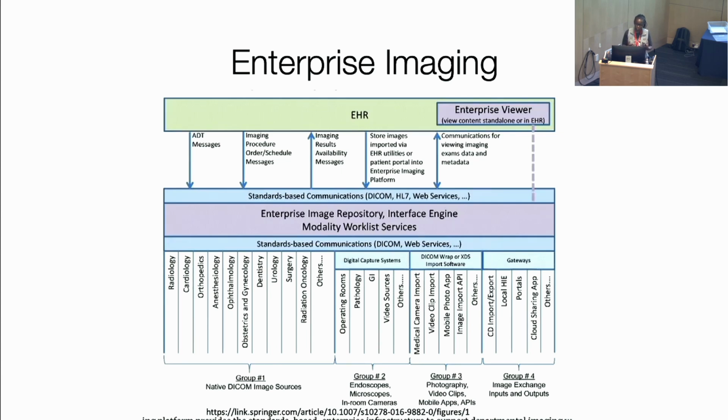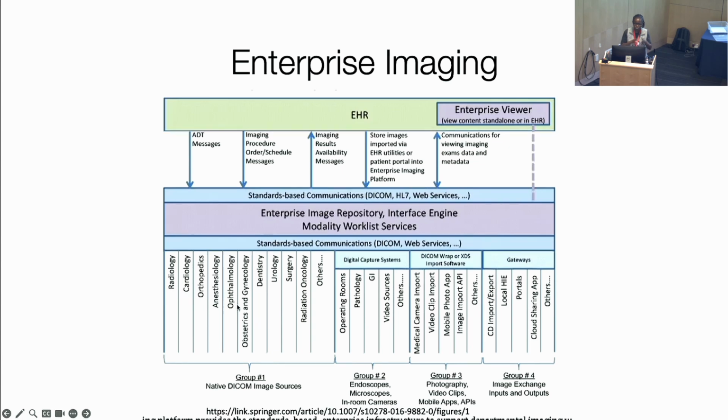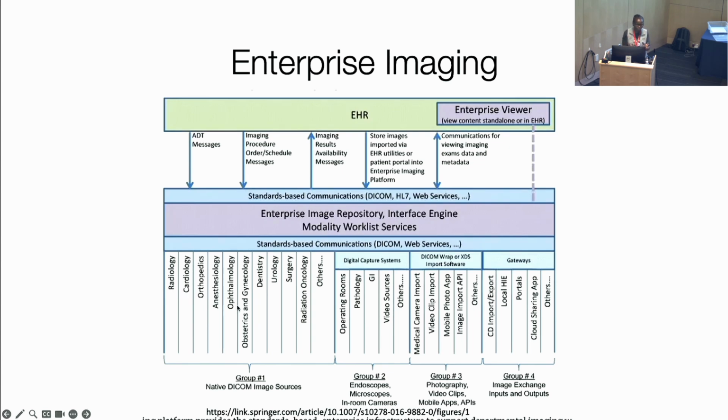And so it's this concept of enterprise imaging that transforms cardiology, orthopedics, anesthesia, pretty much any image that is captured, to wrap around the DICOM format so that they can be displayed on these enterprise viewers, and they maintain that streamlined accession metadata that has allowed radiology to really be successful in terms of developing AI.